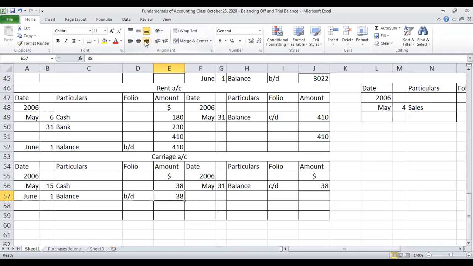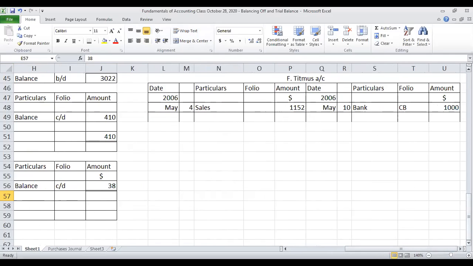And that's that for that. So it can be said then that the carriage account has a credit balance of $38. All right. Let's continue to the next side.